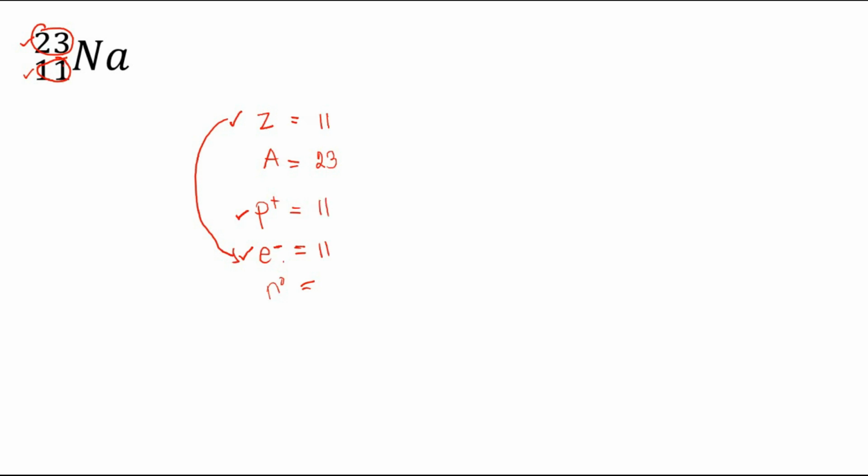And now, how are you going to determine the number of neutrons? We will just use the formula of mass number. Our formula for mass number is A is equal to P plus N0.